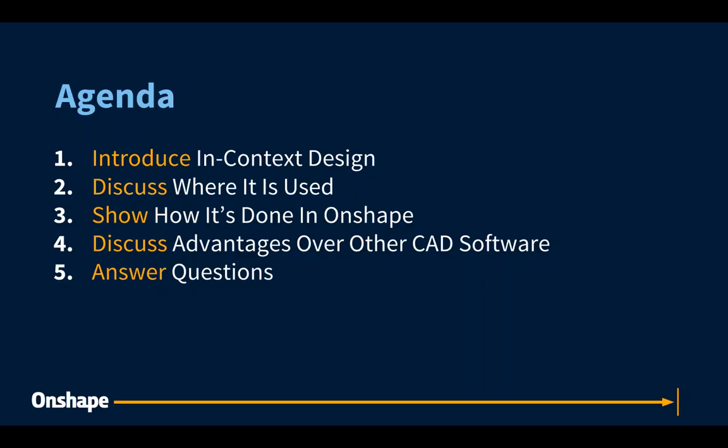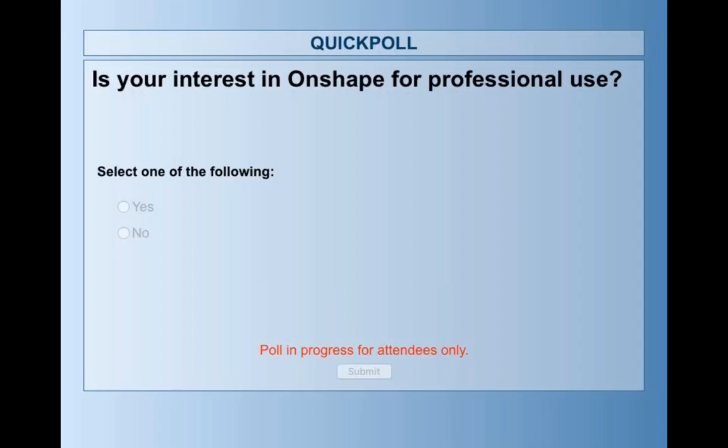All right, so I do have one quick question for the audience, so bear with me for just a second here. It's especially useful in today's webinar, because I really think in-context design is a more advanced topic than a lot of users may ever get into. So I'm really interested in, of the audience here listening today, are you using Onshape for professional use?